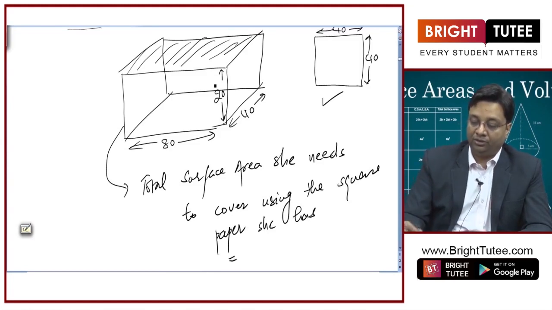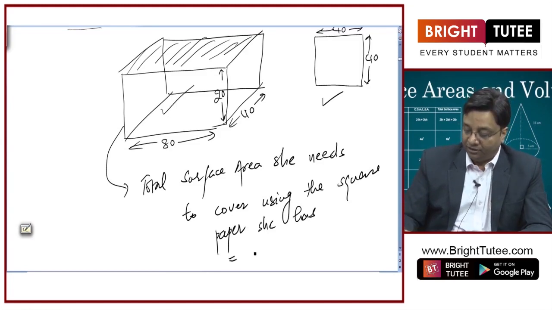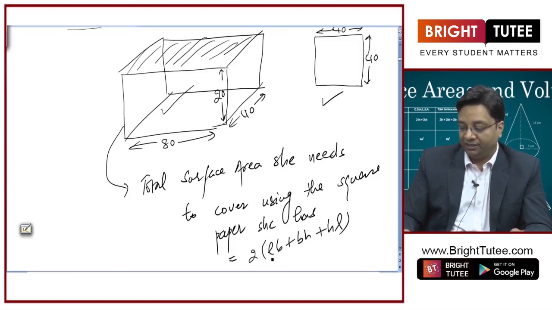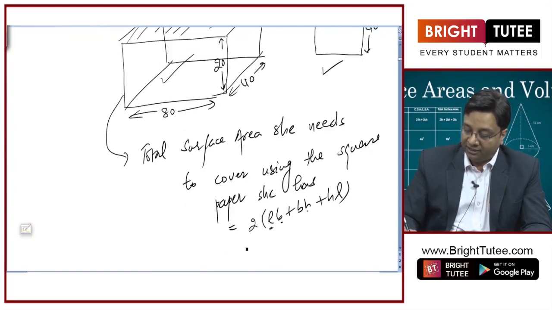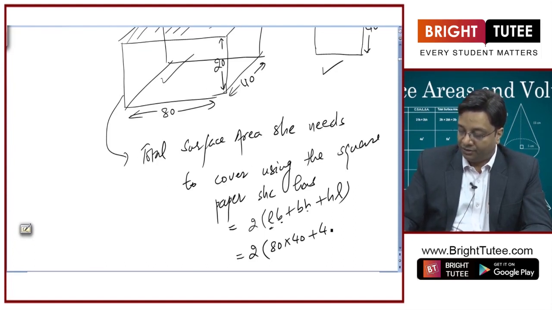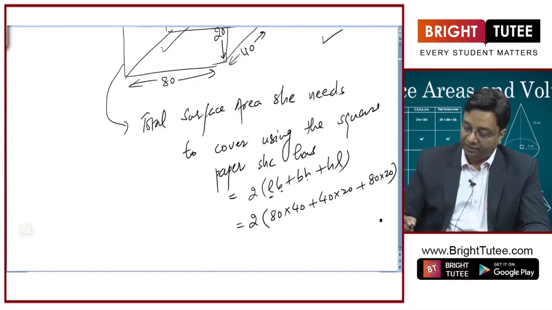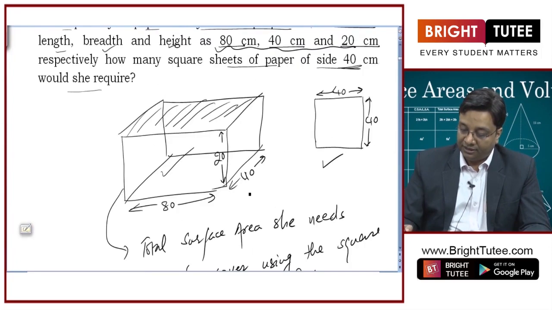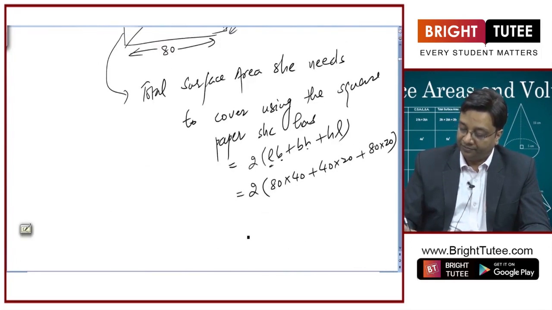It is equal to the surface area of this shape: twice of LB plus BH plus HL, where L stands for length, B for breadth and H for height, which in this case are twice of 80 into 40 plus 40 into 20 plus 80 into 20, right. So, this much area she has to cover, okay.